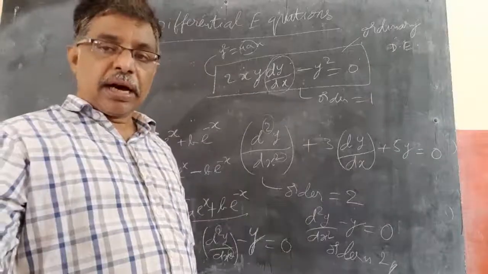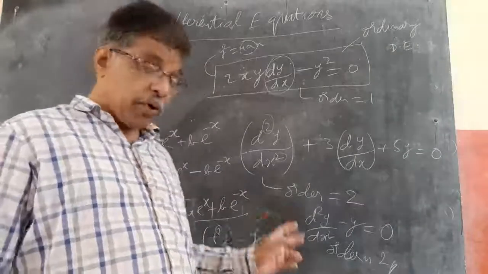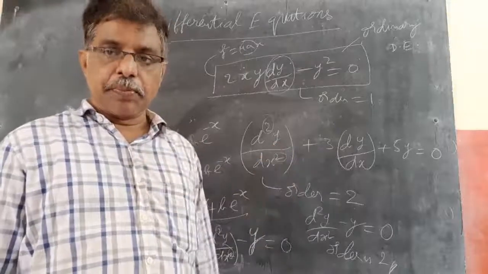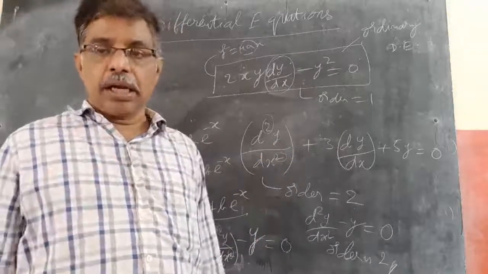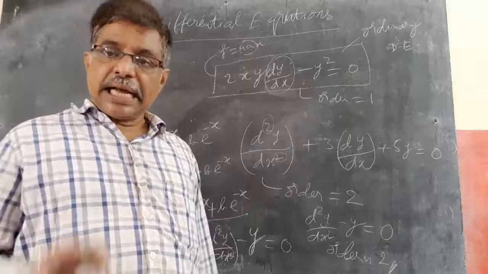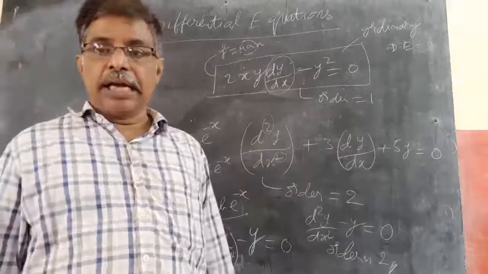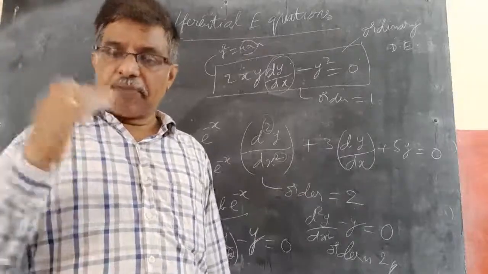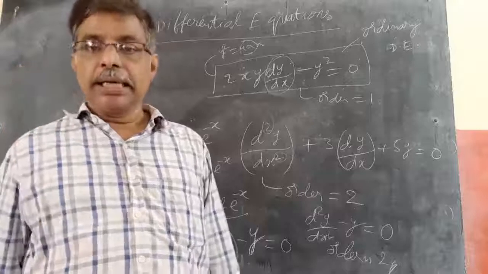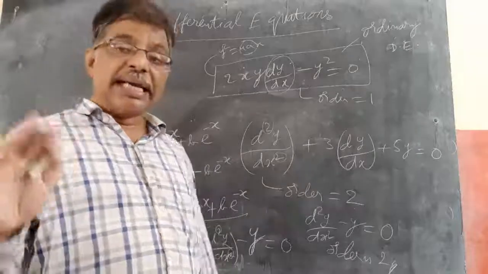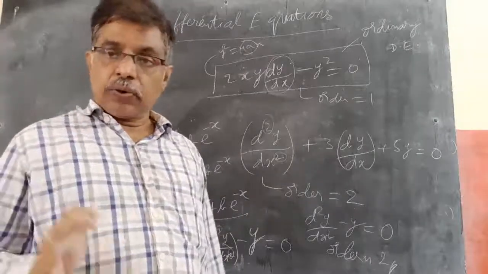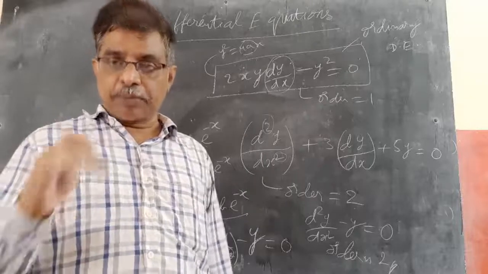Same here: if you are able to write a differential equation in the form of a polynomial, then the highest power, the highest exponent, is called the degree. You know already, nth degree polynomial is x power n.